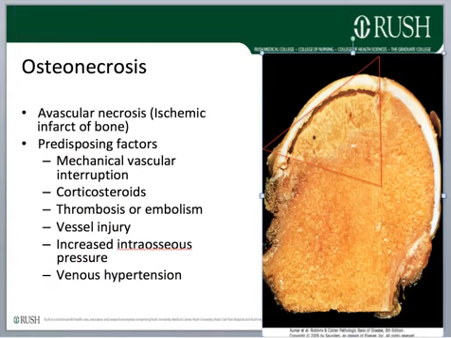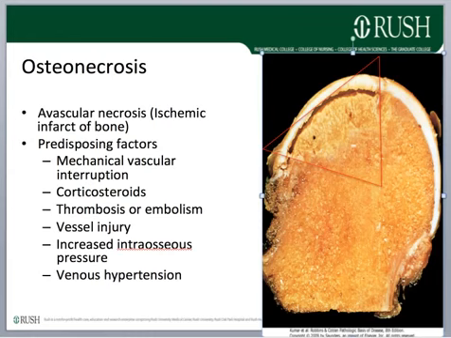Okay, the final topic is osteonecrosis, also known as avascular necrosis, and this is just a word that indicates ischemic infarct of the bone. So the image is that of a femoral head, a frequent site of osteonecrosis, and what's depicted in the triangle is the area of infarct, which forms a wedge shape, just like if you remember pulmonary infarcts in the lung.